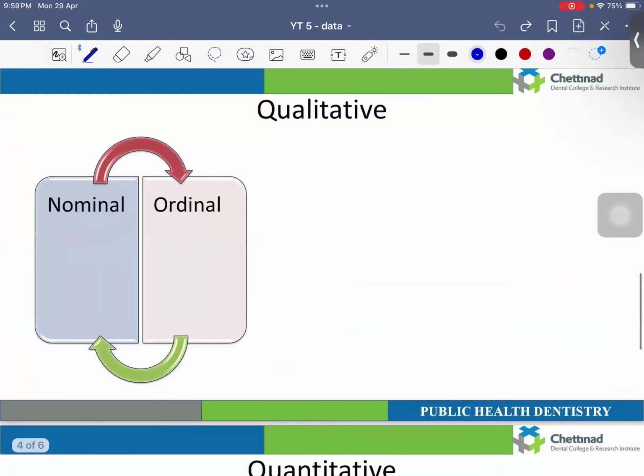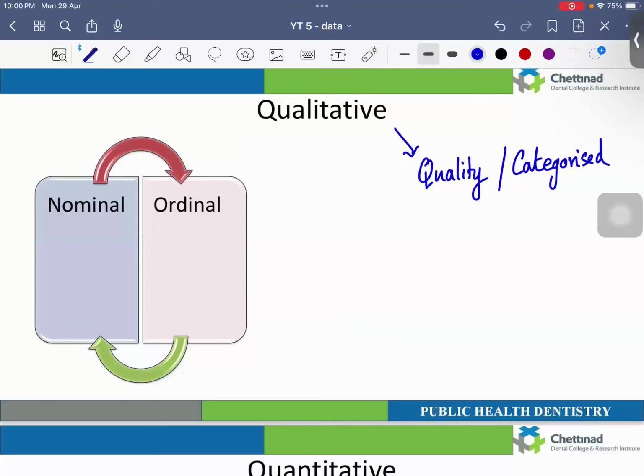The first is qualitative. Qualitative data is anything that has a quality to it, or anything that is being categorized. That is why qualitative data is also called categorical data.